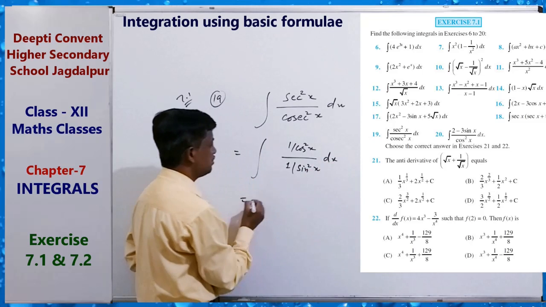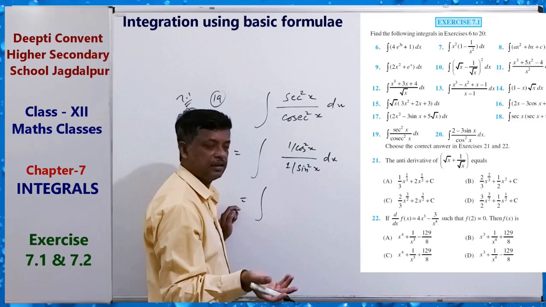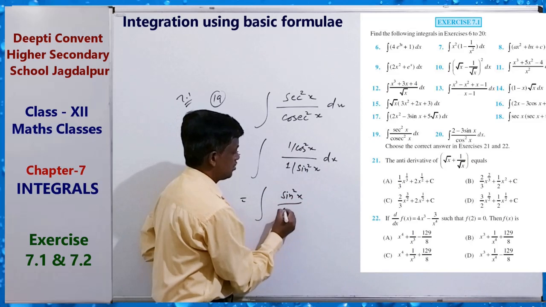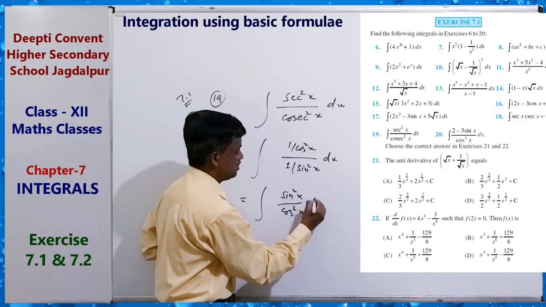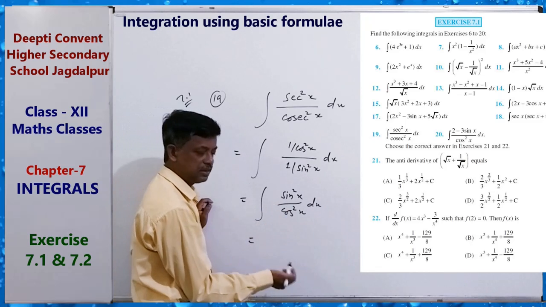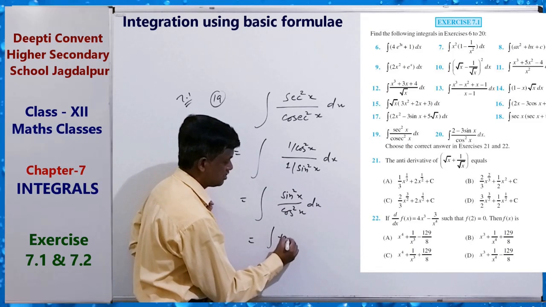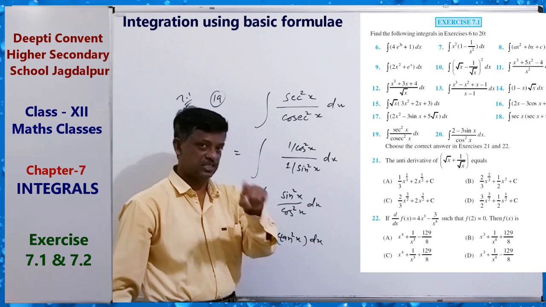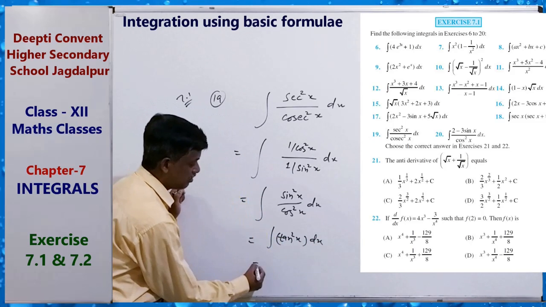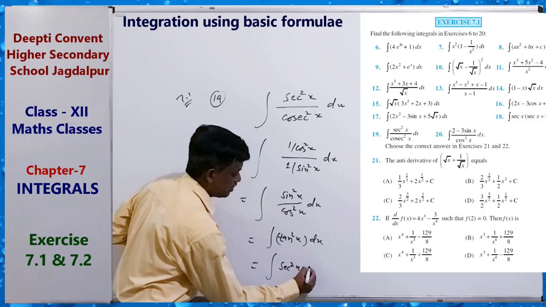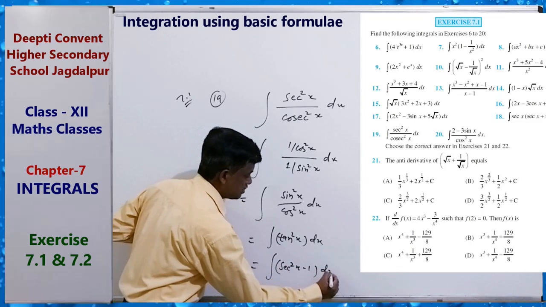So this can be written as sine square upon cos square x dx, and using trigonometry, sine by cos is tan, so tan square x. But we know the integration of sec square, so we can convert tan square x to sec square x minus 1 dx.